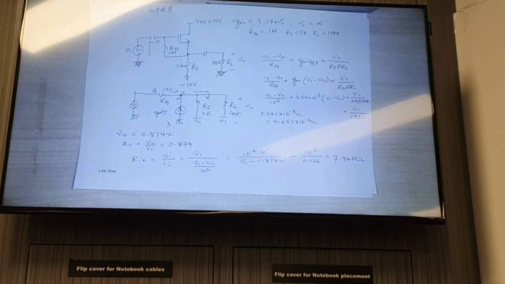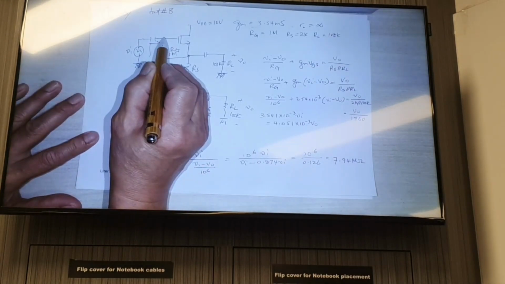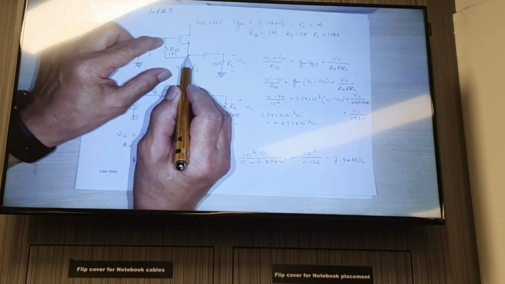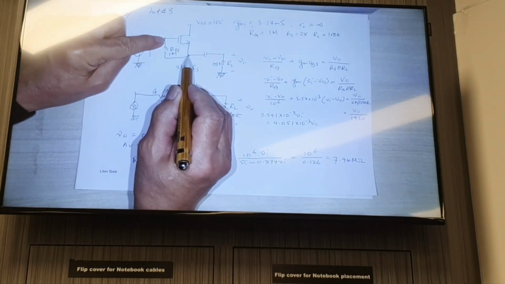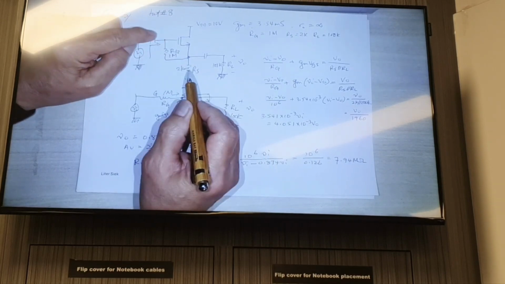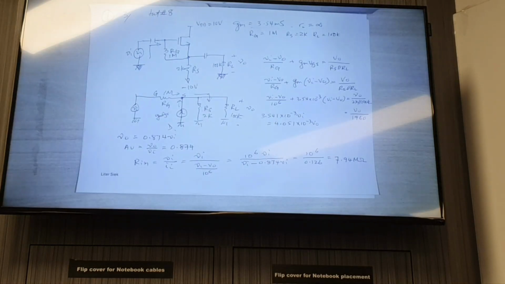Right? So this is what bootstrapping is all about. It means that when the signal here goes up, this signal also goes up, which in turn pushes the voltage across this resistor a bit higher, causing the resistance seen at this point to be a lot higher. Okay, so that's why this is called bootstrapping.